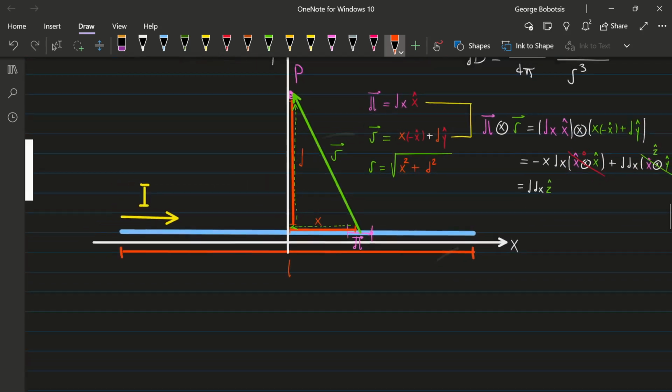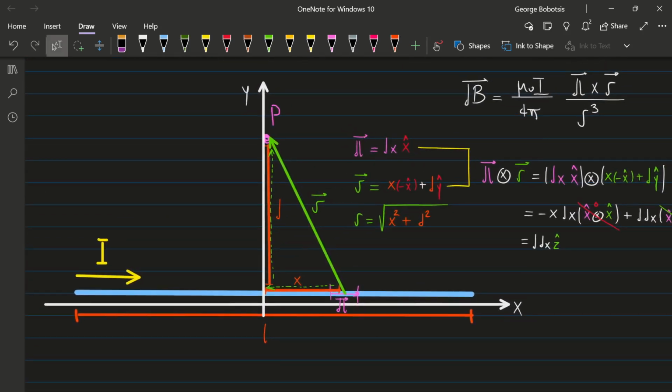Now, before you get too excited to put everything in an integral and go home, I want you to always make sure that you see how the y-axis splits us here. I want to make sure that what I wrote down works if I'm on the other side as well. Because I wrote that the r vector is x times negative x hat.